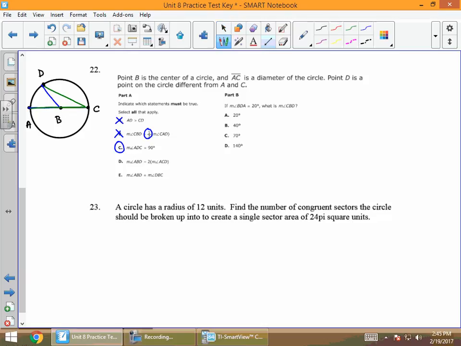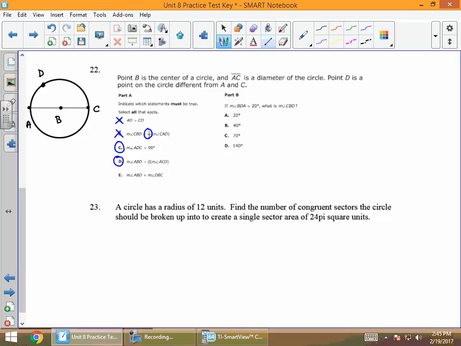And we know that whatever this is, if I say that this is 40, then ACD is going to be half of 40. So if I were to double ACD, it would equal ABD. So that is true. That one is kind of like the opposite of answer choice B, which we said was not correct because of the 1/2. Answer choice D fixes that problem.